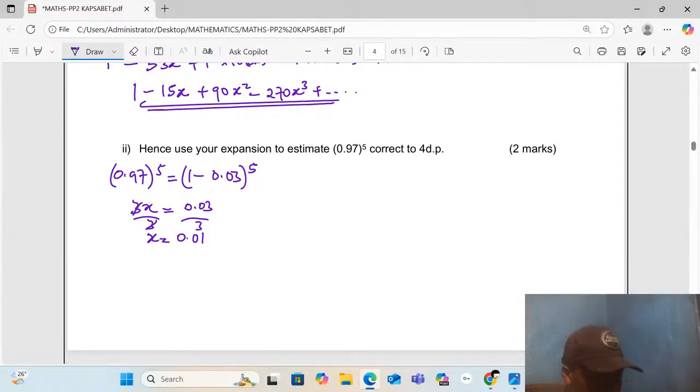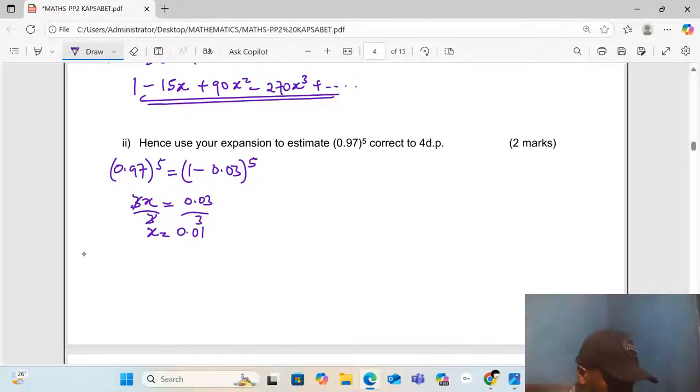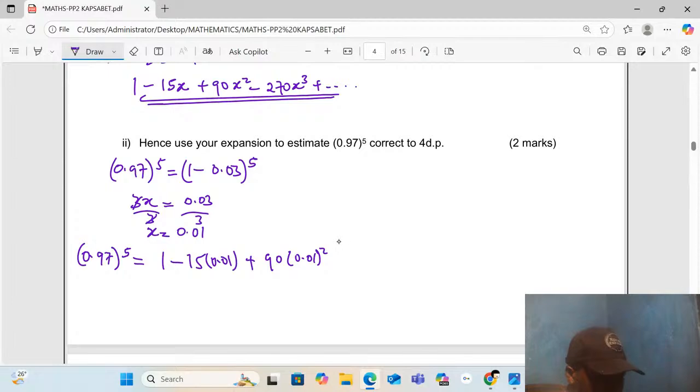we replace x with 0.01 in the expansion in question 1, so that we have 0.97 power 5 is the same as, now 1 minus 15 times 0.01, then plus 90 into 0.01 squared, then minus 270 times 0.01 cubed, then plus whatever.